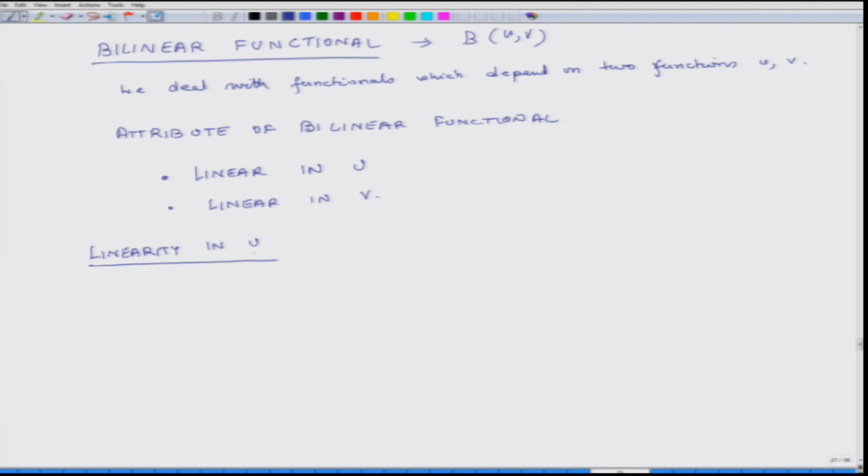So if it is linear in u, then B of alpha u1 plus beta u2, comma v, equals alpha times B of u1 comma v plus beta times B of u2 comma v. That establishes the linearity in u.